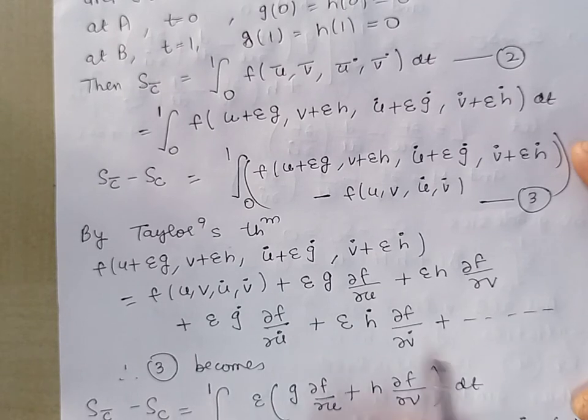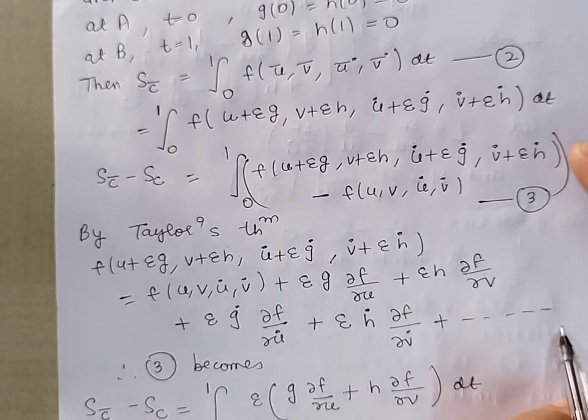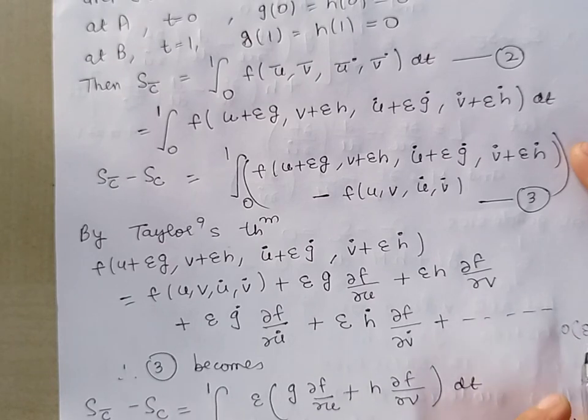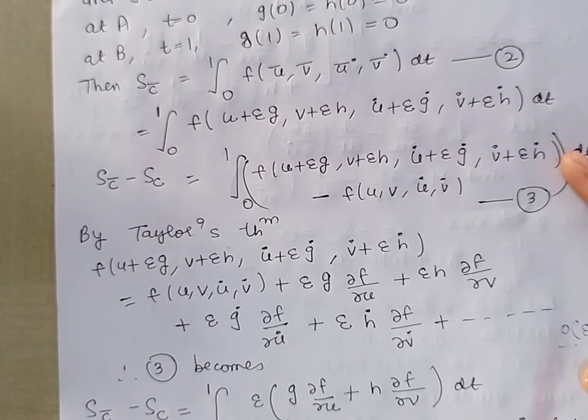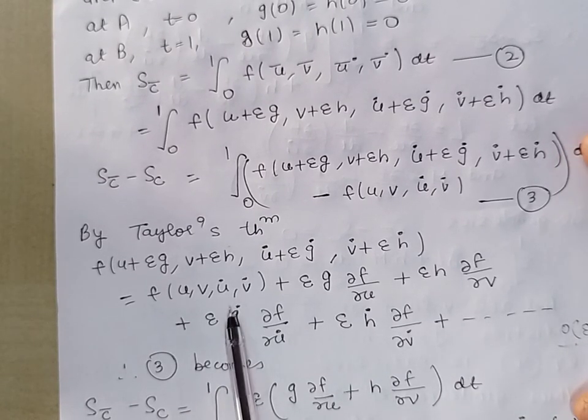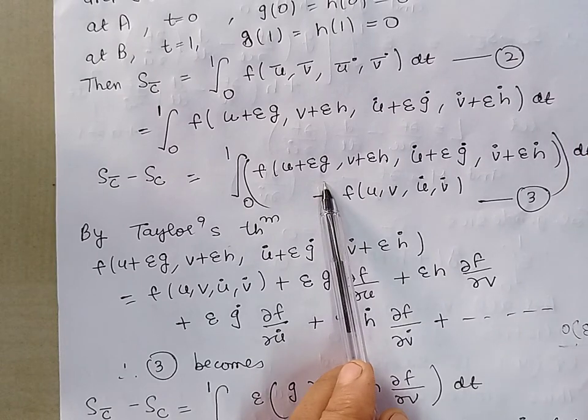Now the higher order powers in this expression we will denote by order of epsilon square. This symbol will be used for the higher order powers in epsilon. Now let us substitute this value in equation 3.